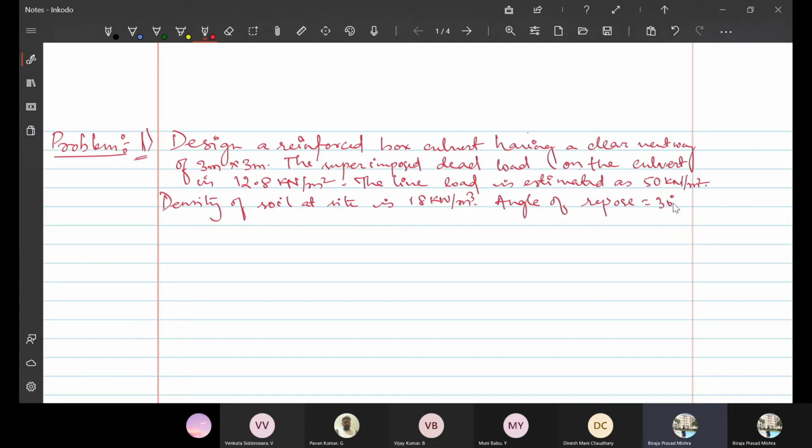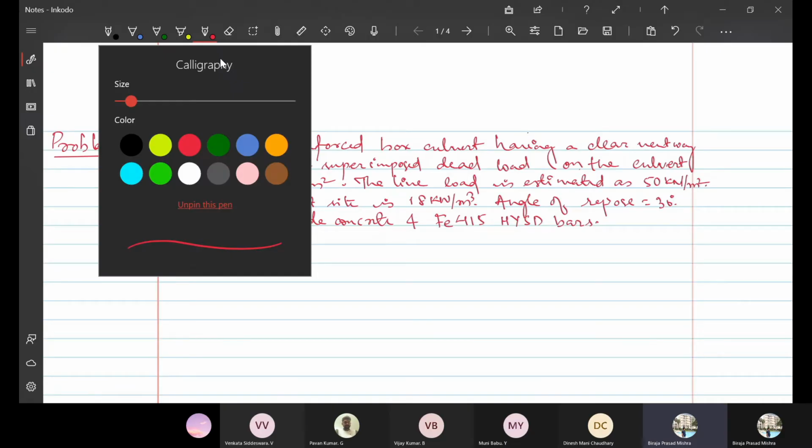And it is given that we have to adopt M20 grade concrete and Fe415 HYSD bars. Okay, this is given. So now how to approach this problem?